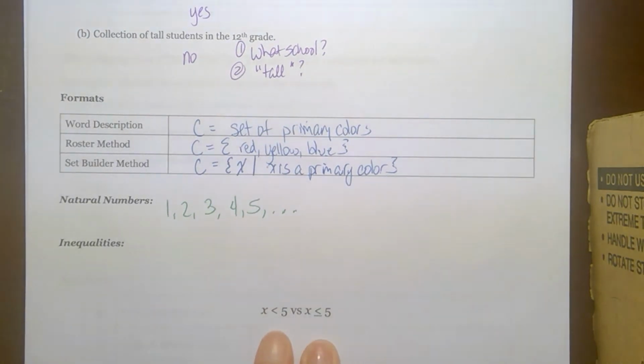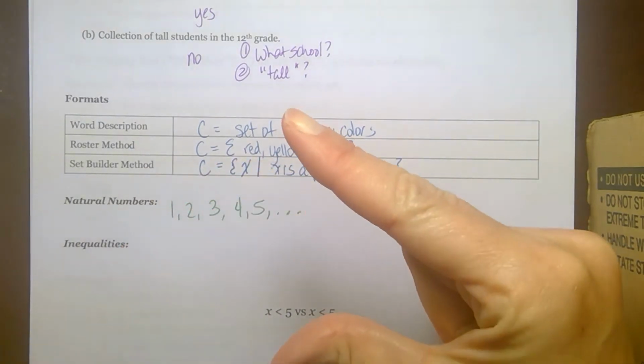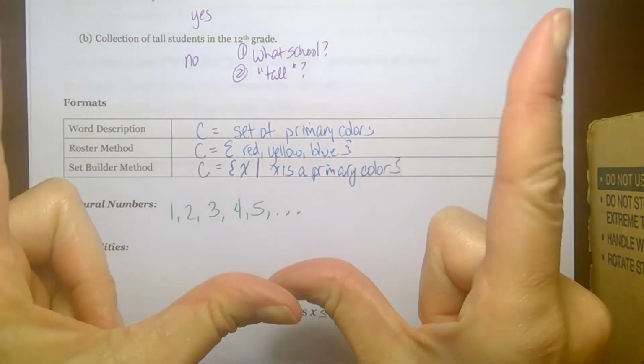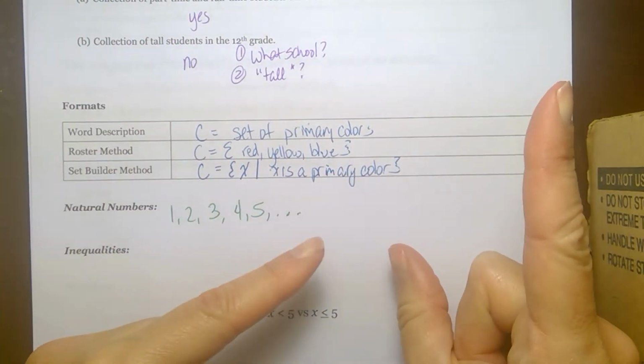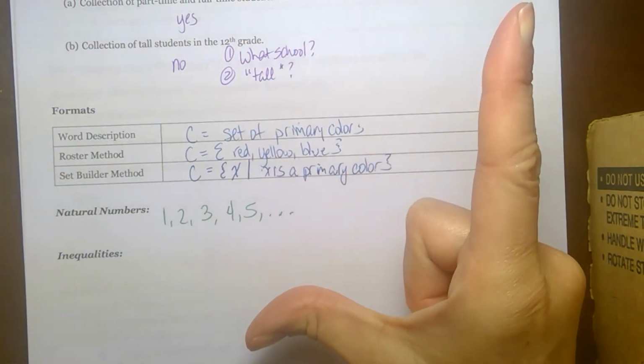Inequalities. So inequalities show that something is greater than or less than something else. If you are reading an inequality symbol, this one is less than, this one is less than or equal to. You have your fingers open, right? The one that turns into an L that faces the right way means less than. The other one is greater than.